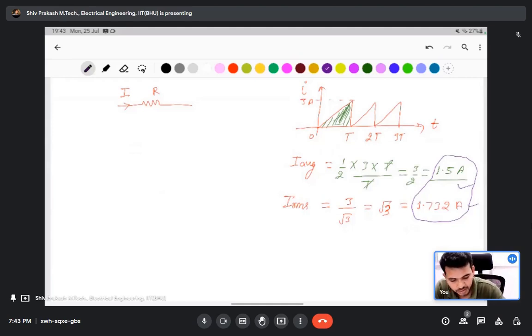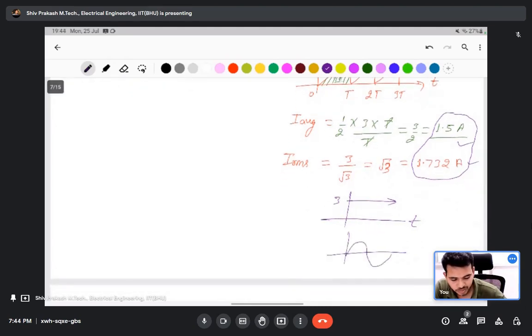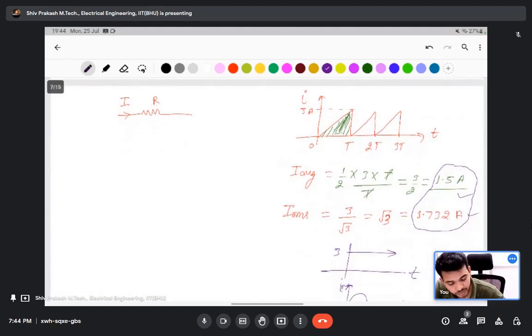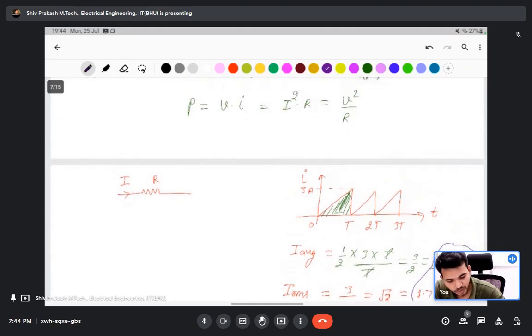This is an important thing, because both are not the same. For DC current, the current is the same as the average and the RMS. In AC sinusoidal wave analysis, you take the RMS. But here it is not a sinusoidal signal and not a pure DC signal. Then what will you take? First of all, you should know what to take.